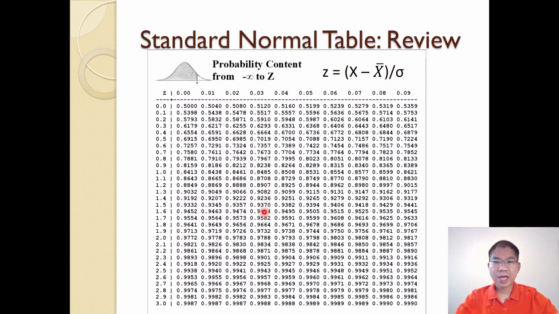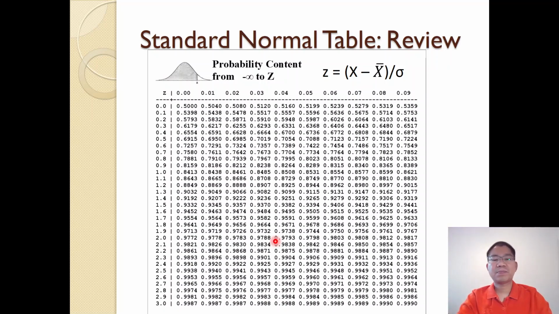Going down to that, you find 0.9871. What does that mean? The area to the left of Z equal to 2.23 is 0.9871. It means 98.71%. So that's what we read from the table.